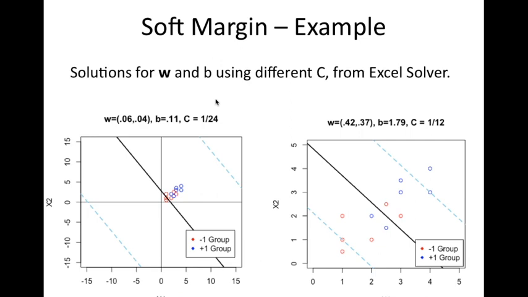Now we're going to look at what happens with some different values of C. So in this first example, we have a small value of C, 1/24. We remember talking about earlier, as C goes to 0, you are left with only the term in the objective function for maximizing the margin.